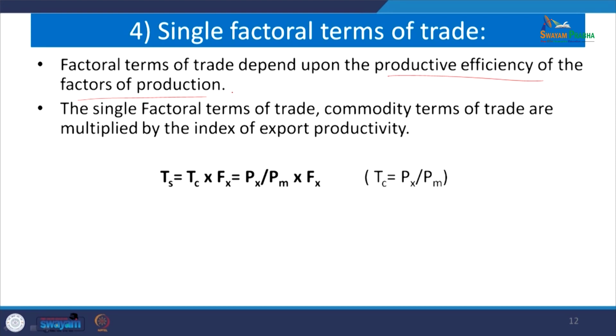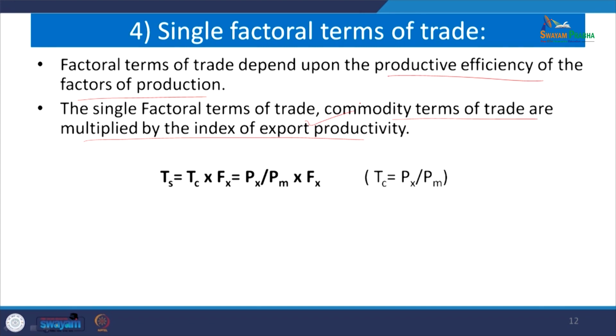In single factoral terms of trade, the commodity terms of trade are multiplied by the index of export productivity. The commodity terms of trade times the index of factor productivity are multiplied. For the export we made or are going to make, does it have a productivity coefficient?